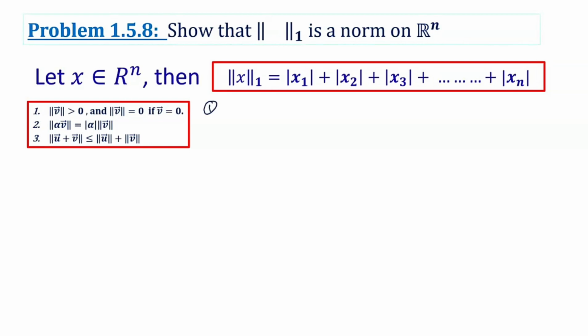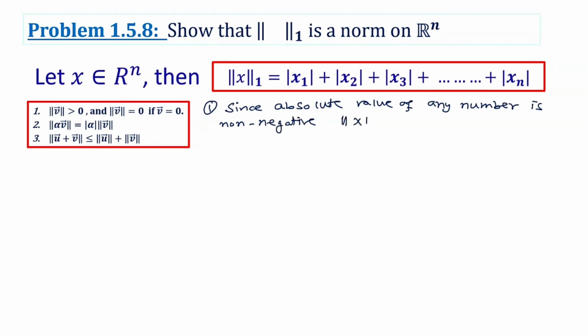The first one is clear: since the absolute value of any number is non-negative, the norm ‖x‖₁ is greater than or equal to 0.